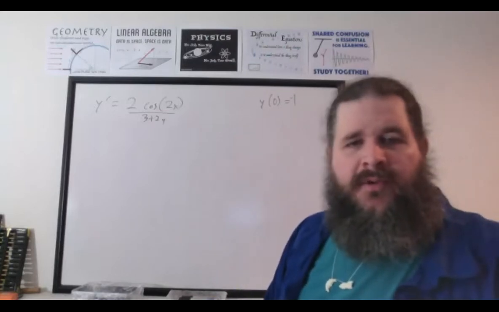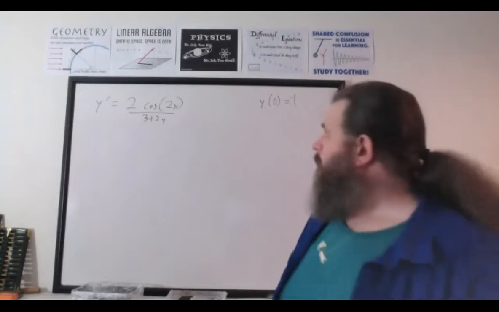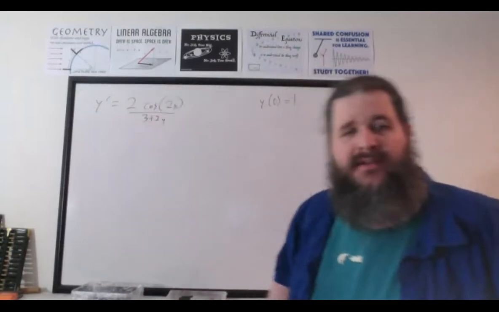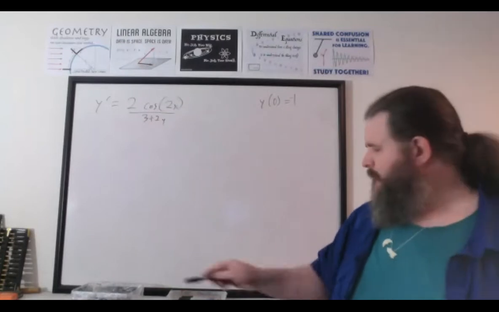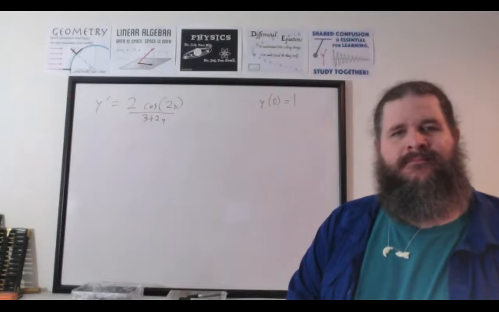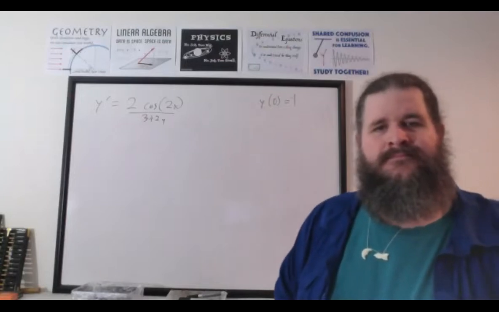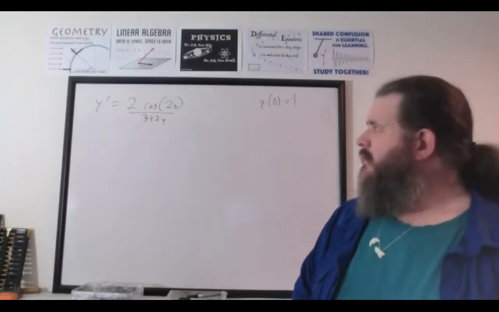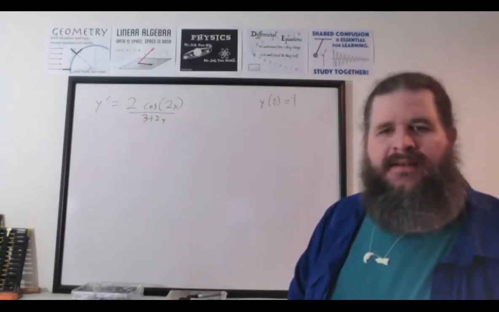And we could start this by checking the existence and uniqueness theorem. Are there any x or y values that would lead to discontinuities here? Yeah, y can't be negative 3 halves, right?